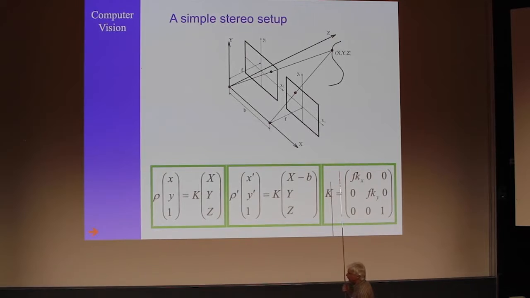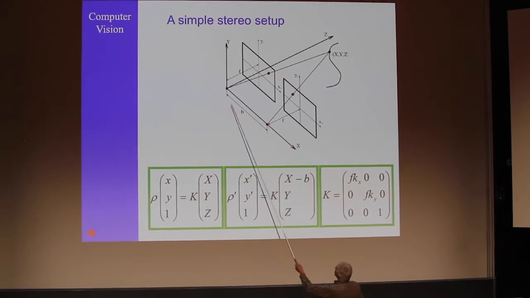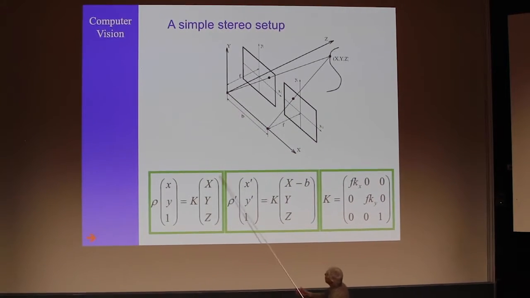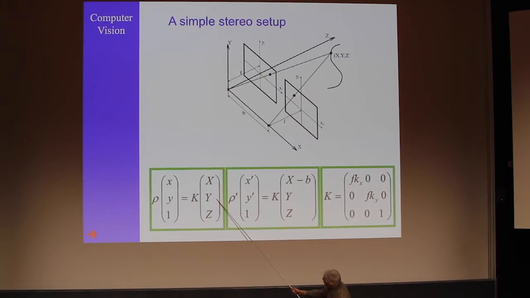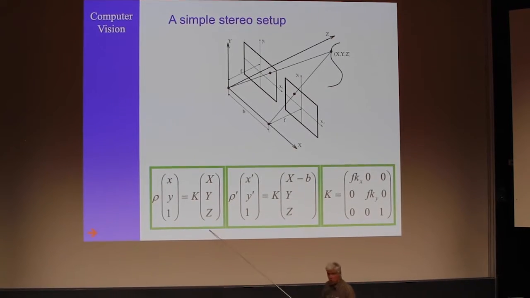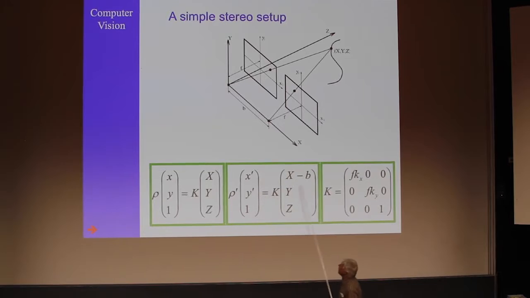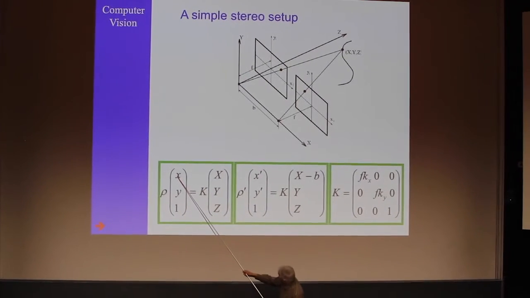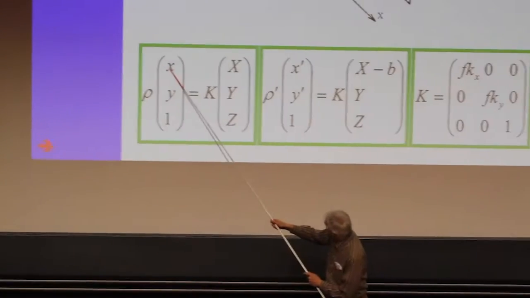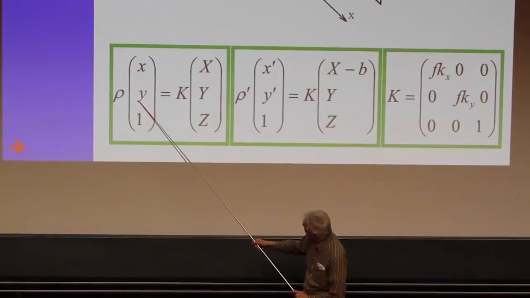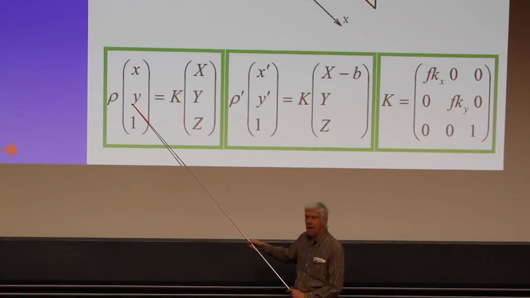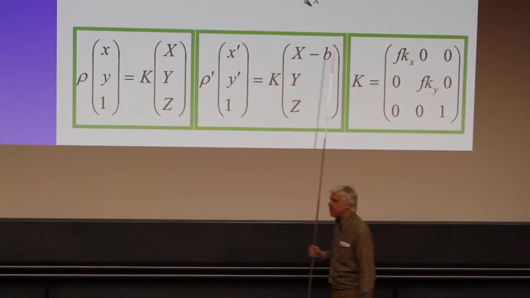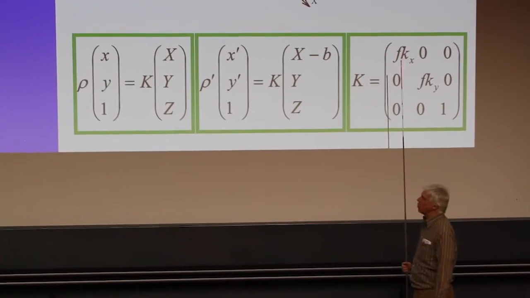Now, where's the camera on the left? Well, it's positioned at 0, 0, 0. So here we have minus 0, minus 0, minus 0. So that also drops out. So that simple equation yields the image projection of our point onto the left camera. So we have lowercase x and y for that set of image coordinates.